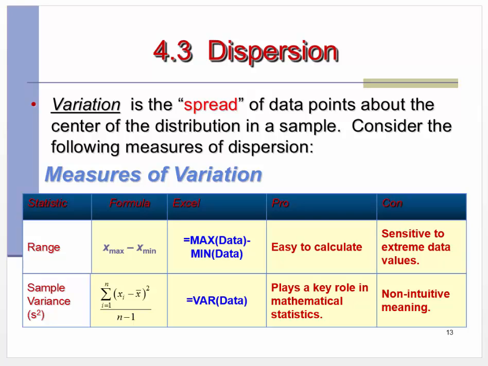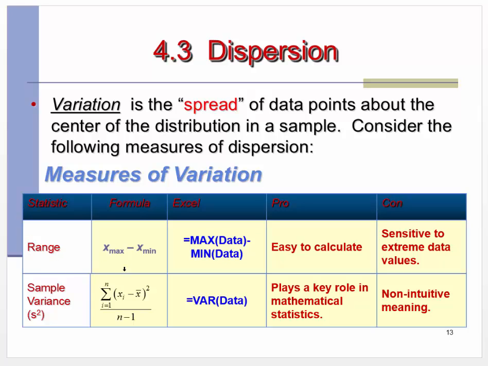Now let's talk about the dispersion of the data, or variation. The variation is the spread of data points about the center of the distribution in a sample. Let's consider the following measures of dispersion. The first one, measure of variation or dispersion, is range.